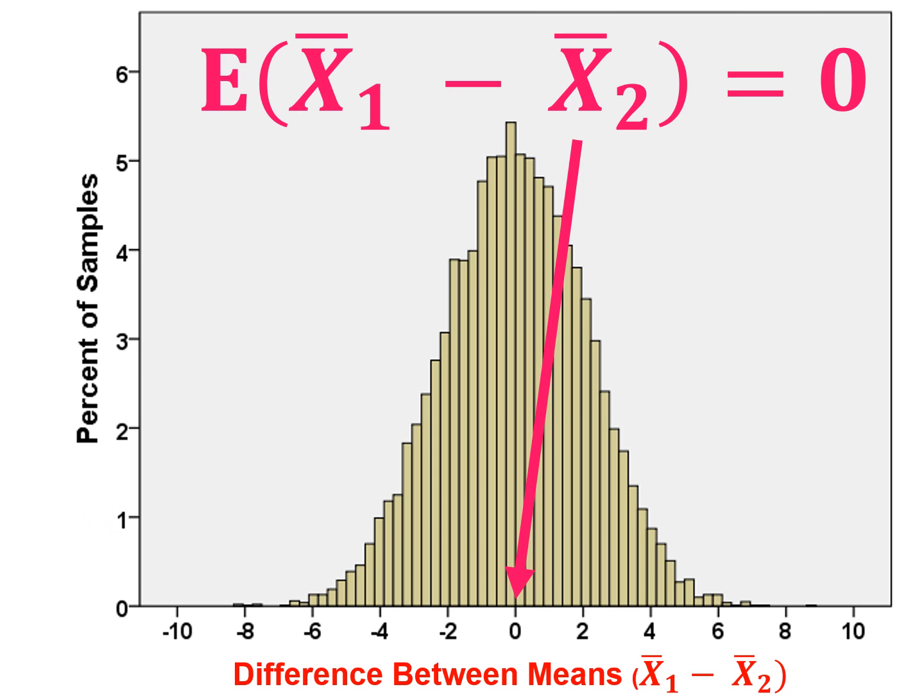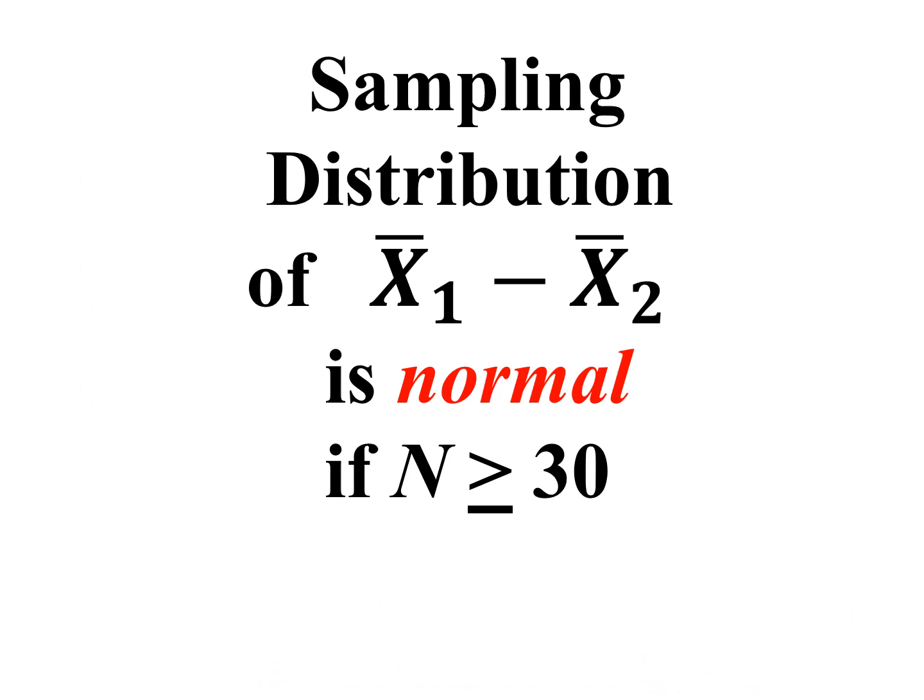And we can tell that just by looking at the histogram. So this red arrow is pointing towards the mean of this distribution, which is equal to 0. The second thing to notice is that the sampling distribution is normal in shape if n, the number of individuals in each sample, is 30 or more.